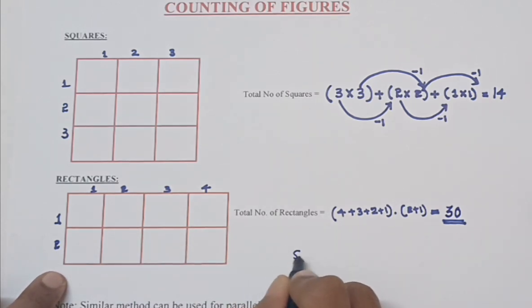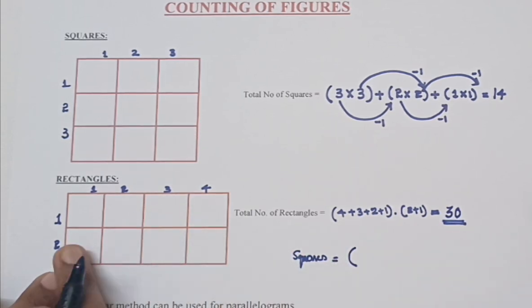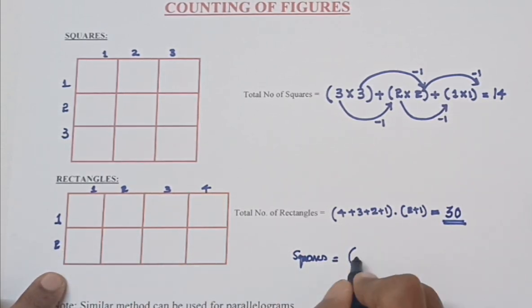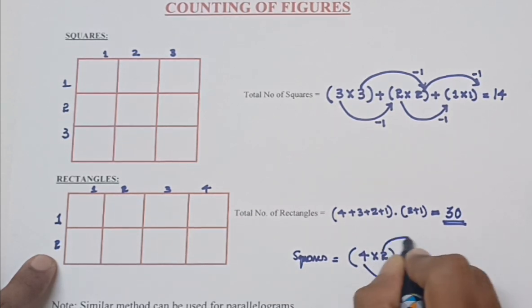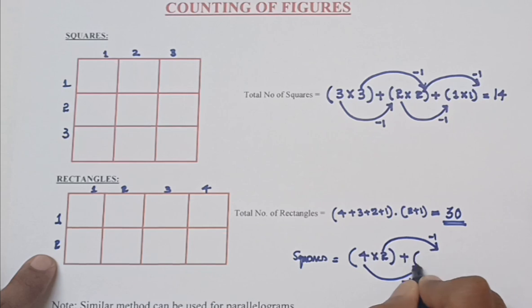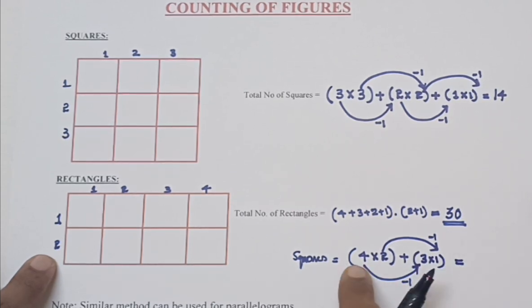The number of squares will be, with 2 rows and 4 columns, we initially multiply column number by row number, then reduce 1 from this and 1 from this, so we get 3 by 1. So 4 into 2, 8, plus 3, the answer will be 11. You can cross check by counting.